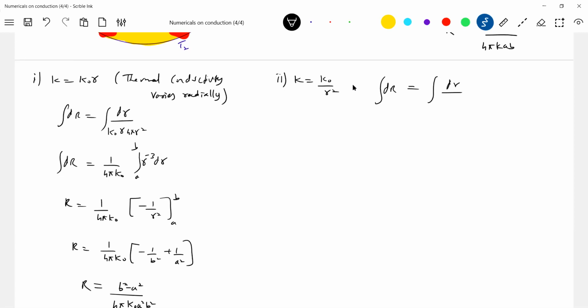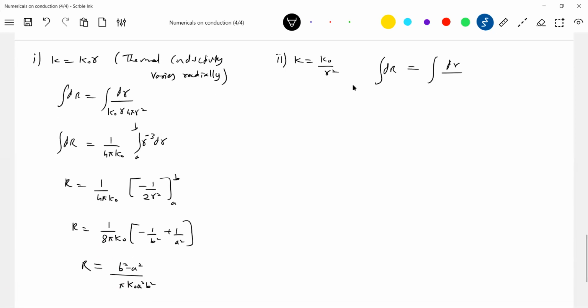Okay, k naught by r square, no? Let me substitute here k naught by r square, 4 pi r square.